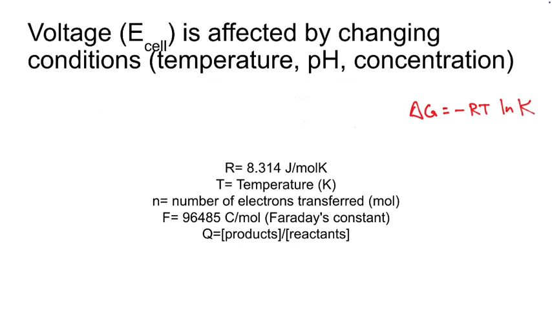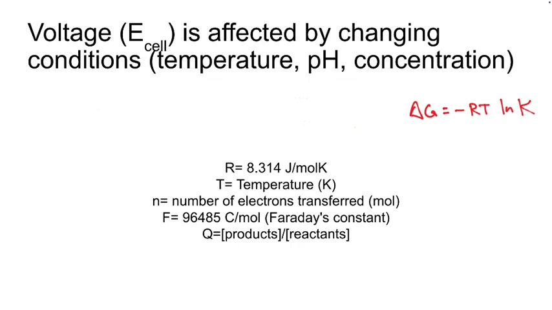This is saying cell potential. You just told me delta G. Why does cell potential have a temperature dependence? You just told me delta G has a temperature dependence. They're equatable.